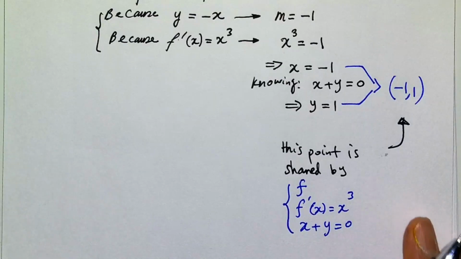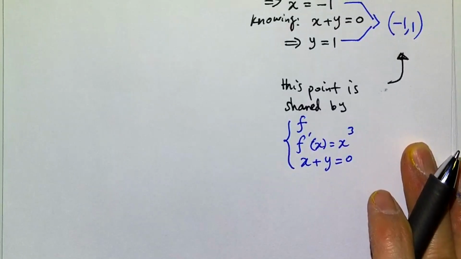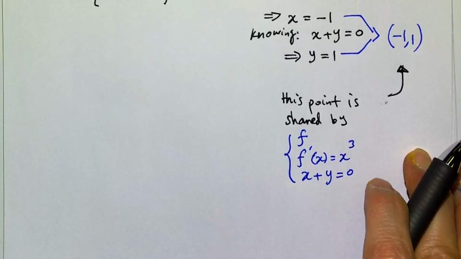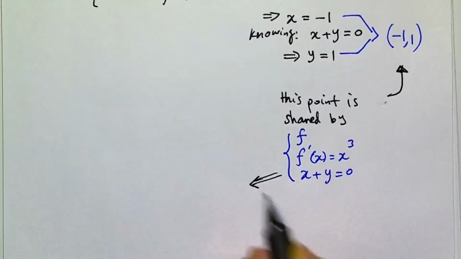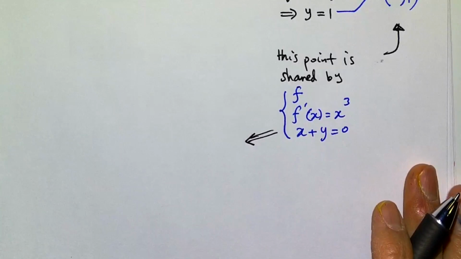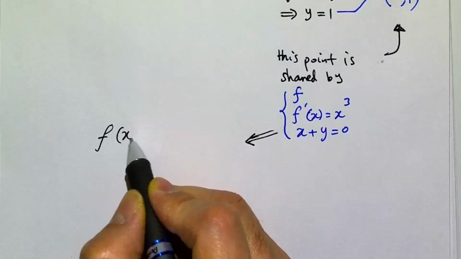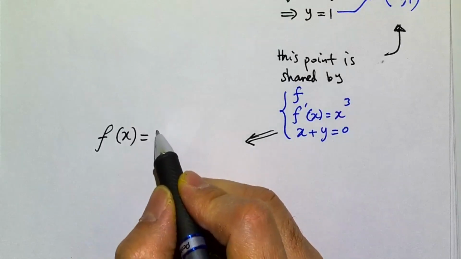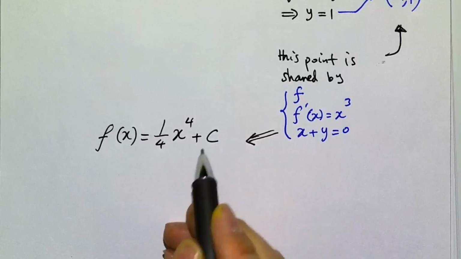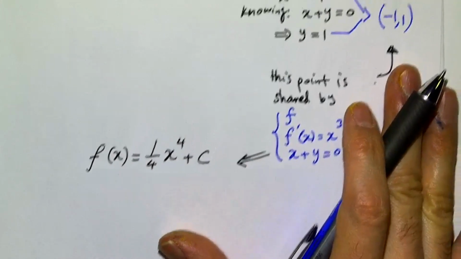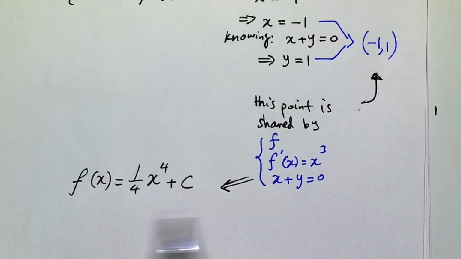So let's use that. So from here then, we have f of x we obtained is equal to 1/4 times x to the 4th plus c, didn't we? So now we know that that point is on this curve, in this function.